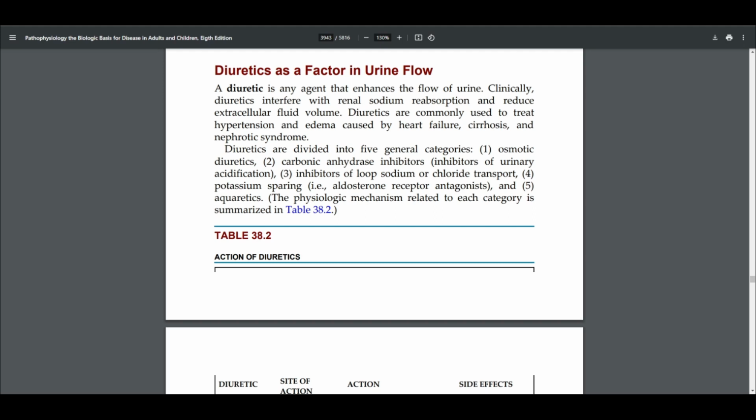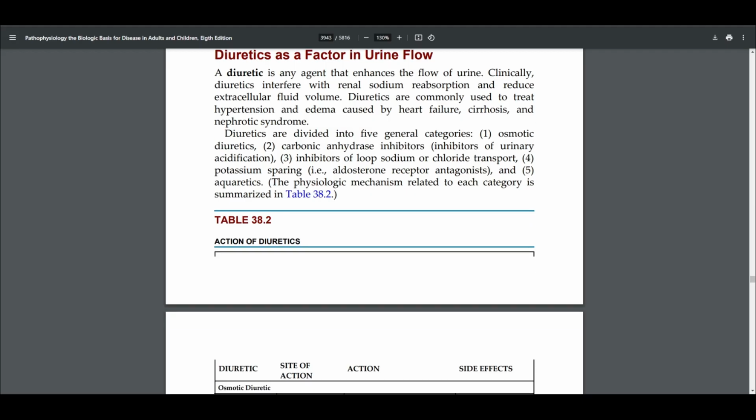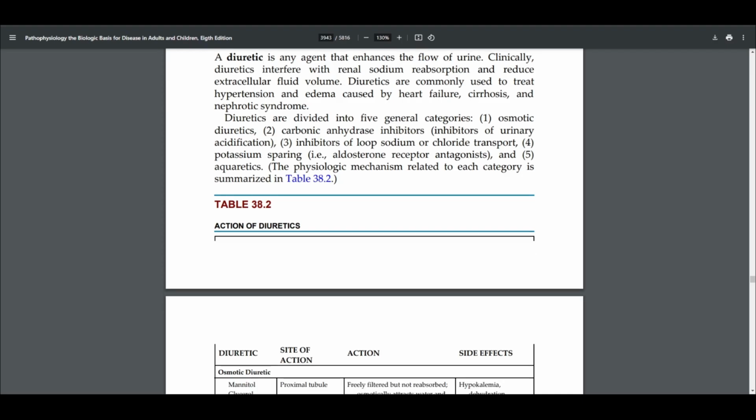Diuretics are commonly used to treat hypertension and edema caused by heart failure, cirrhosis, and nephrotic syndrome. Diuretics are divided into 5 general categories: osmotic diuretics, carbonic anhydrase inhibitors, inhibitors of urinary acidification, inhibitors of the loop sodium or chloride transport, potassium-sparing aldosterone receptor antagonists, and aquaretics.